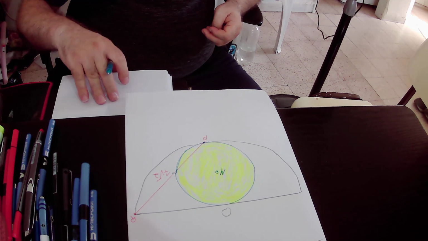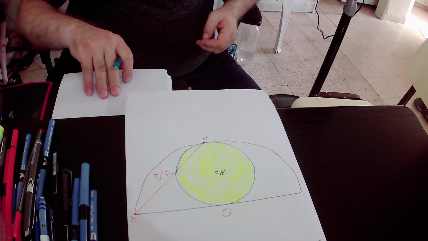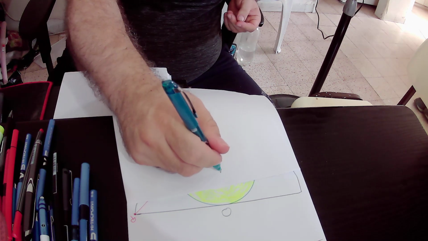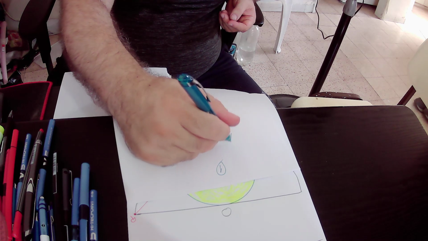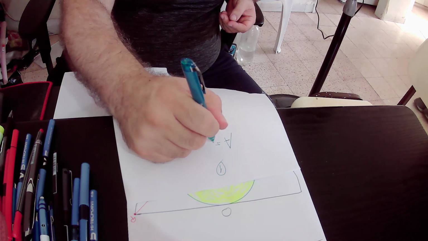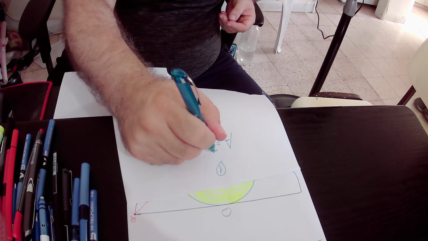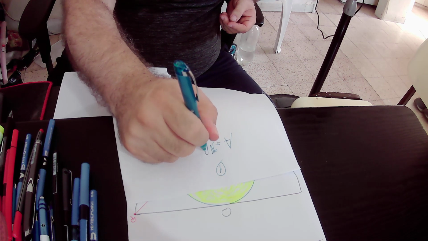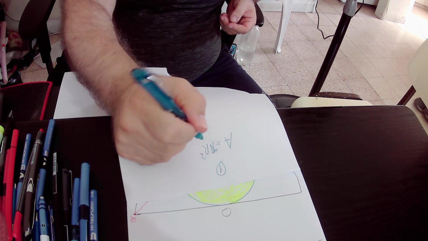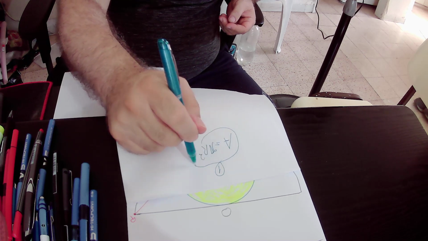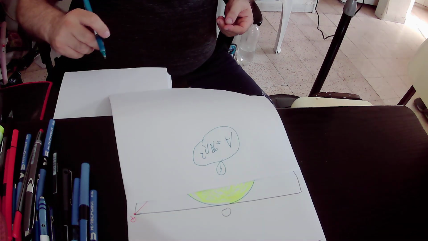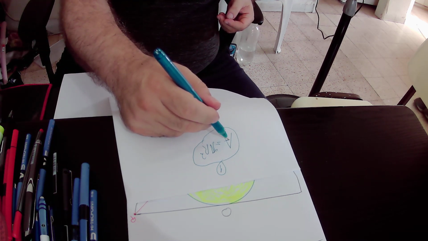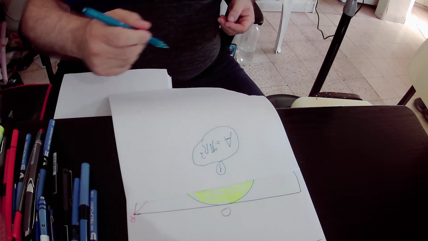The formula for the area of any circle, let's call the area A, is A equals pi times r squared.